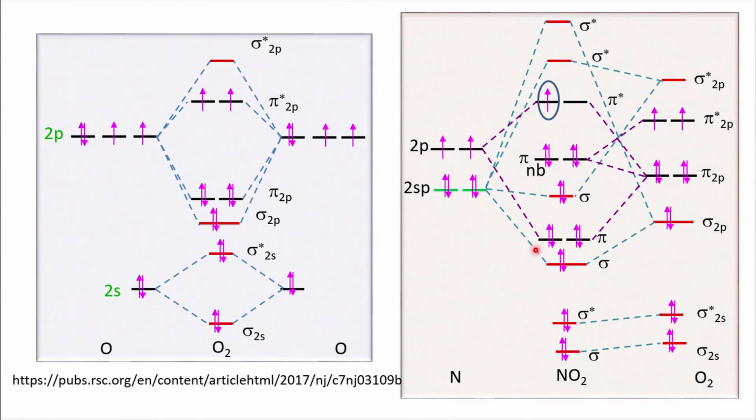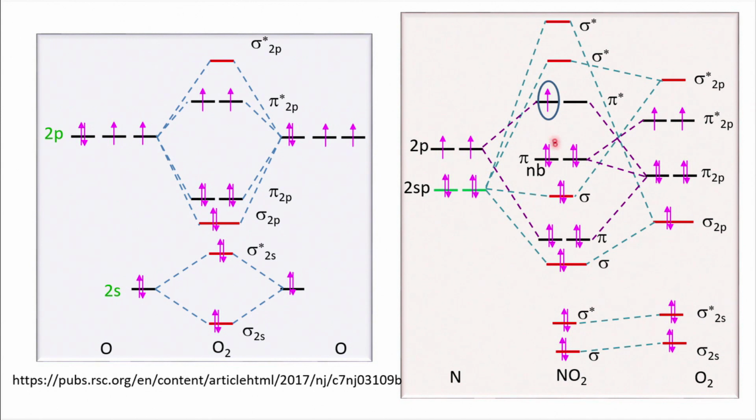When we extend the same to the NO2 molecule, the two orbitals come from the oxygen molecule and nitrogen as an individual atom. This is much more complicated than what we can handle at our level, that is at the BSc level. So you don't have to worry too much about how the electrons are placed.